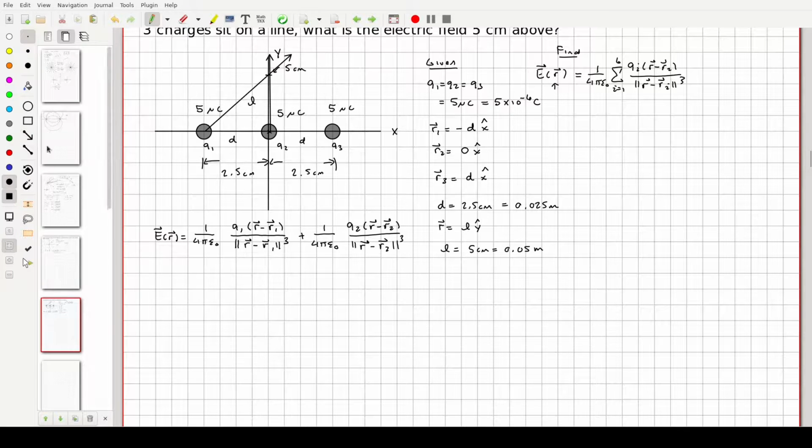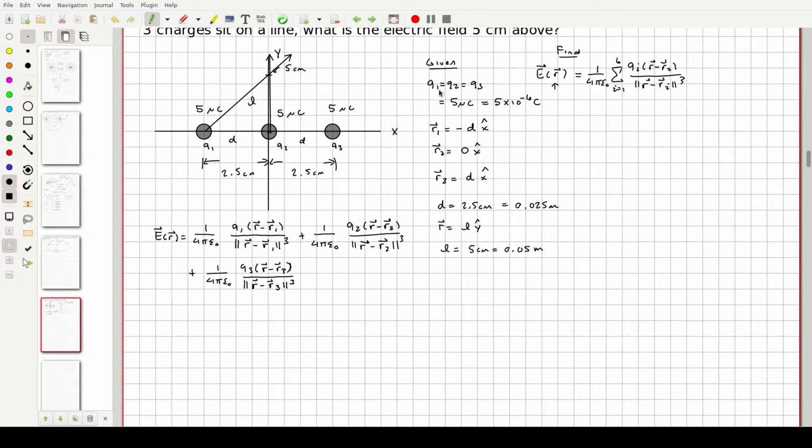Next up, one over 4 pi epsilon naught Q3 R minus R3 over R minus R3 cubed.